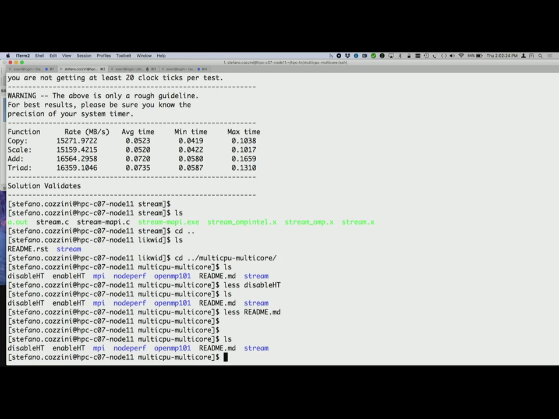So instead of doing it this way, we say, allocate the RAM here, okay, and then read from here. And you will see that stream gives you quite different performance on that, okay.